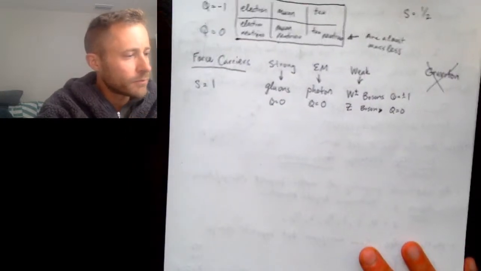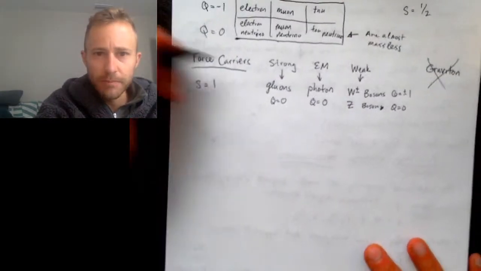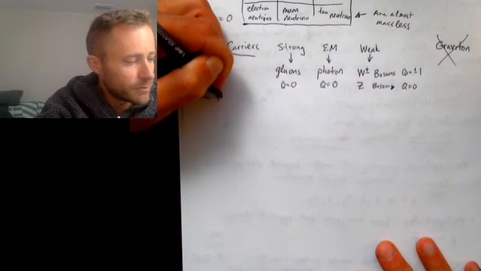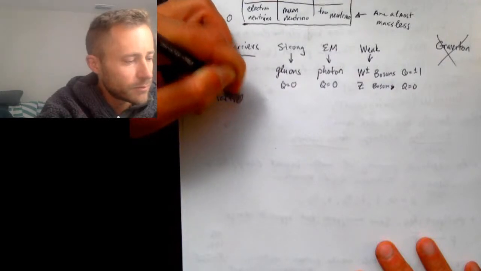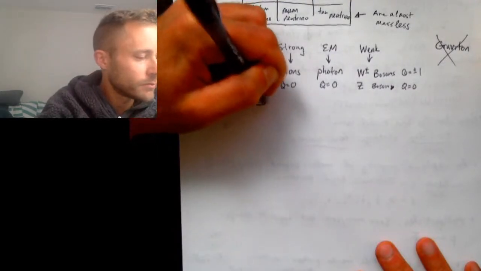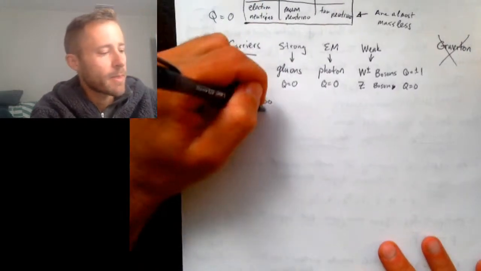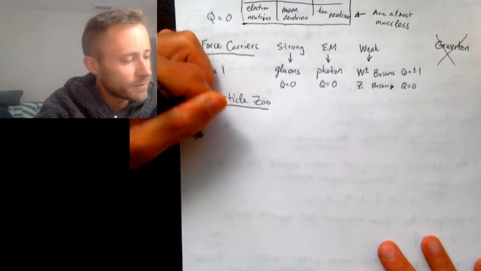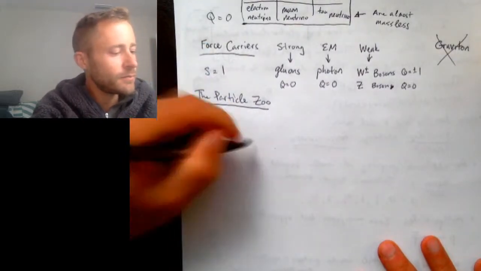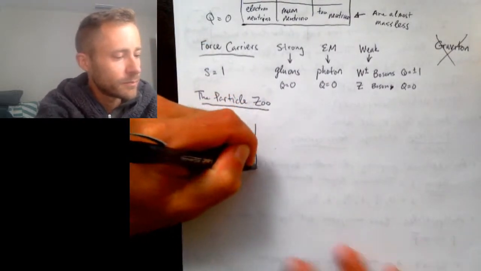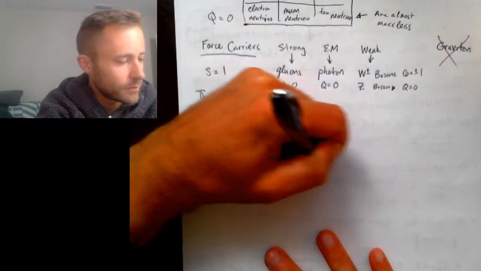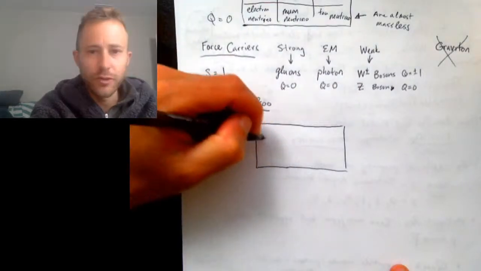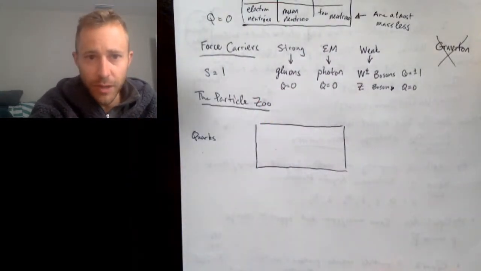So let's put it all together. I'm going to call this the particle zoo. So you have the quarks. And so I'm going to use their abbreviations now.